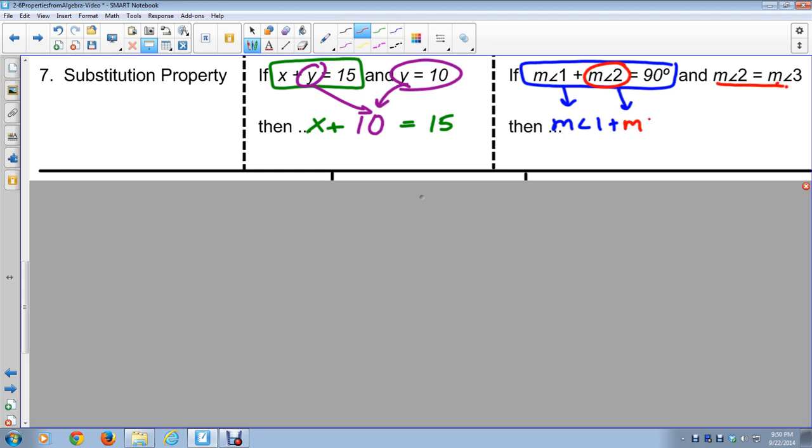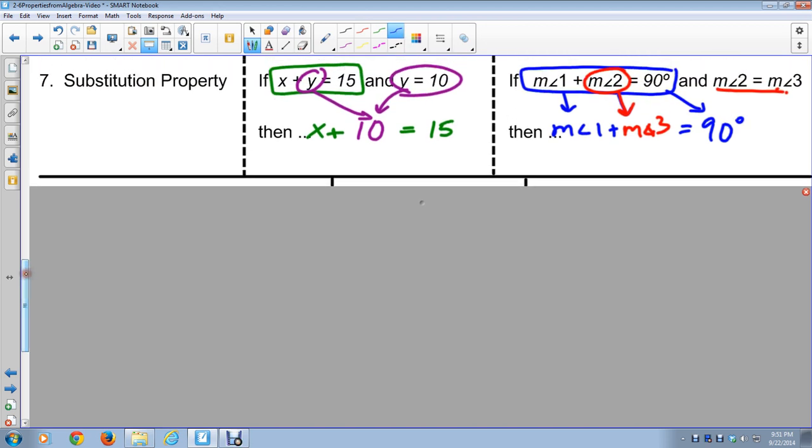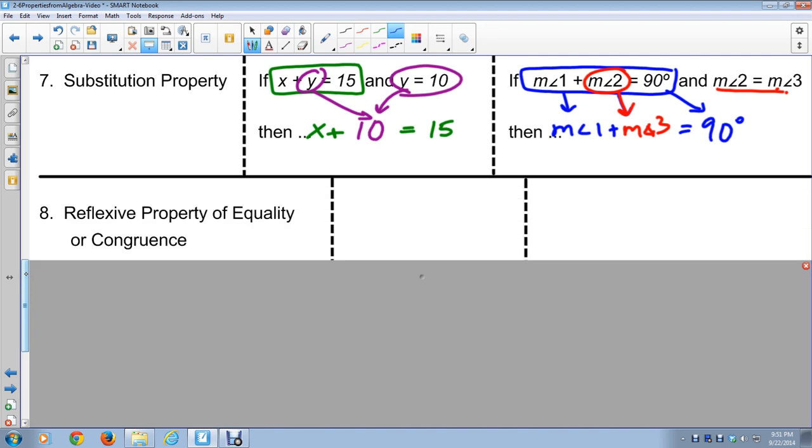So I'm going to write the measure of angle 3 in there. Equal to 90 degrees. Not changing that part. So the only thing I changed is the measure of angle 2 was replaced with the measure of angle 3. Like I said, a little bit more going on there. But certainly something you've seen and you've done. You've just done it more in terms of plugging in numbers.